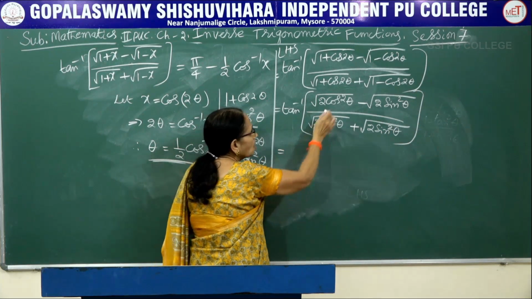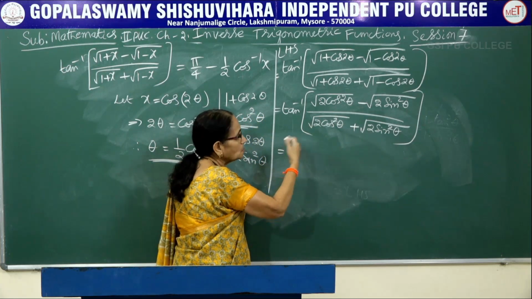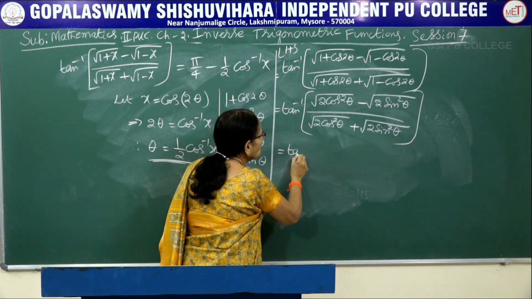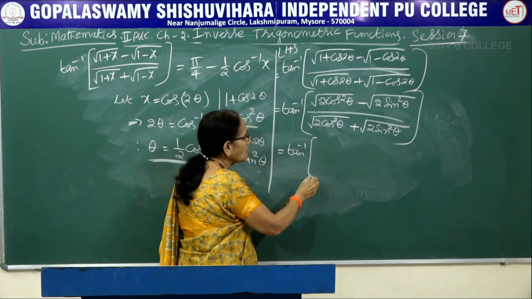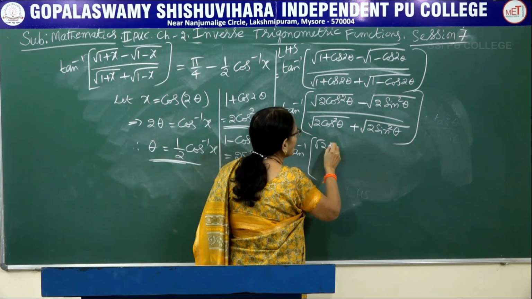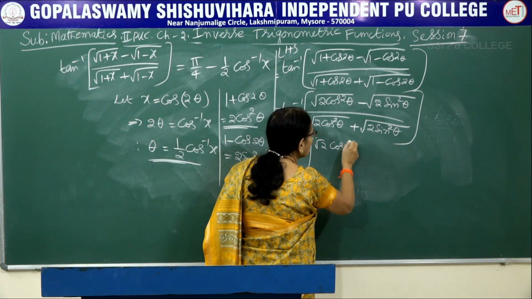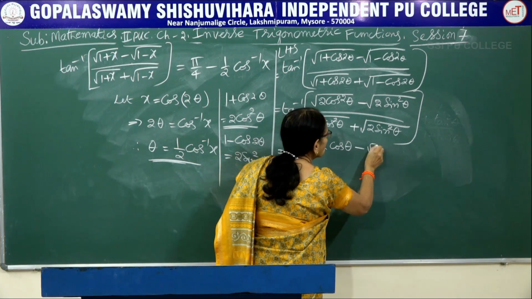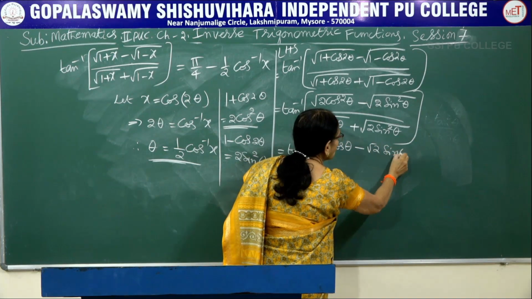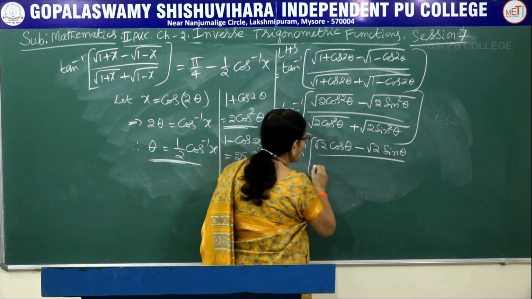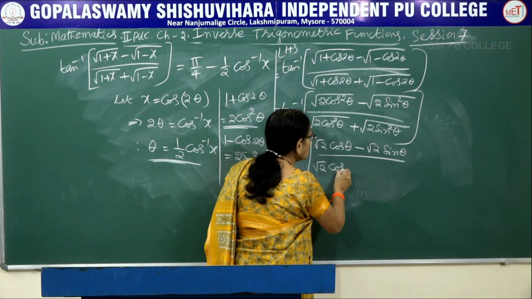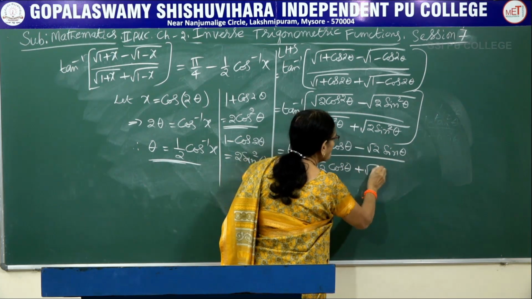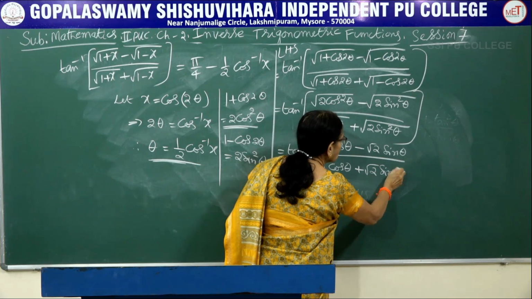Now look here. We are having square terms here, so that root gets cancelled, but root 2 you have to write as it is. Root 2 cos theta minus root 2 sin theta divided by root 2 cos theta plus root 2 sin theta.